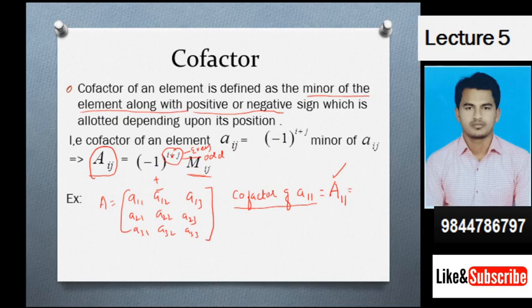It is equal to minus 1 to the power of i plus j, with i equal to 1 and j equal to 1, times the minor M11. Minus 1 to the power of 2 is plus. M11 means eliminating the first row and first column, leaving A22, A23, A32 and A33. The expansion is A22 A33 minus A32 A23. So this is our cofactor of A11.